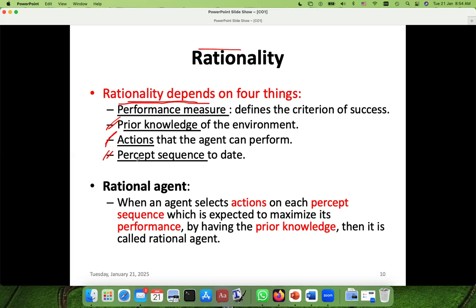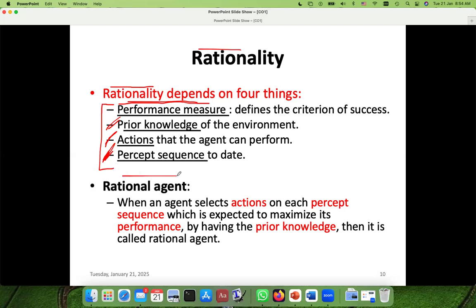So 1, 2, 3, 4, 5, and so on. These percepts from the first up to the end are called percept sequence or percept history, the percept sequence to date. So you also have to think about the percepts of your agent, and the rationality of your agent depends on all these four terms.